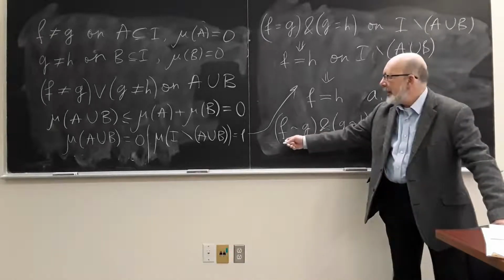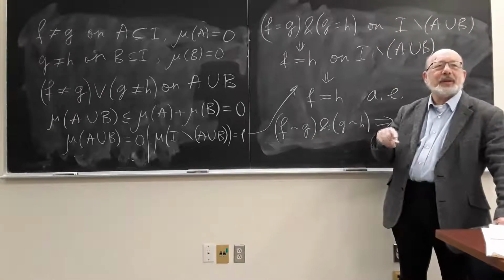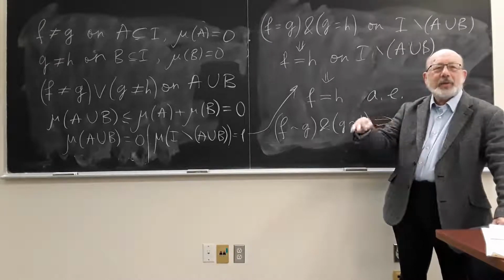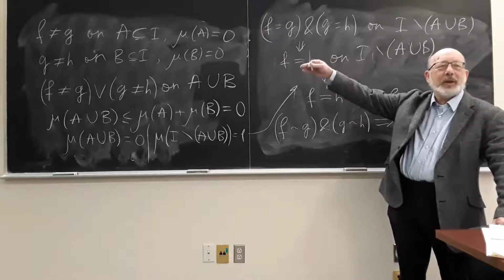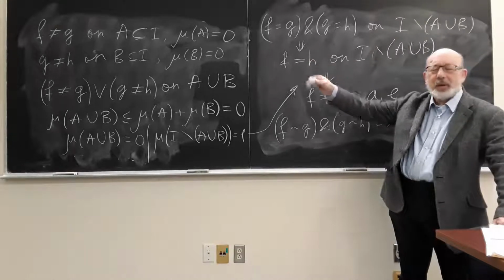So F, G and H are elements of the set Z0, the set of functions on I with values almost everywhere in the set S0.